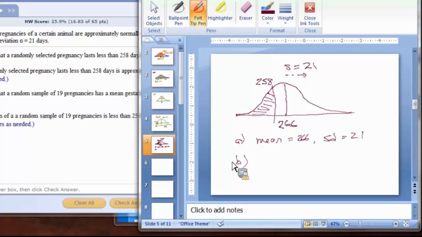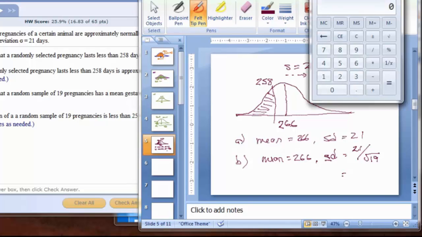Part B, since it's the average of 19 pregnancies, the mean is still the same. If each one averages 266, then 19 of them will still average 266. The difference is that the standard deviation for means is the original divided by the square root of how many you have. Here we have 19 pregnancies, so it's 21 divided by the square root of 19.